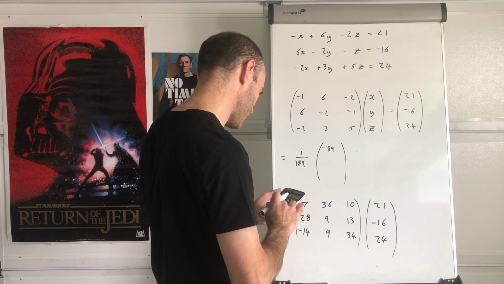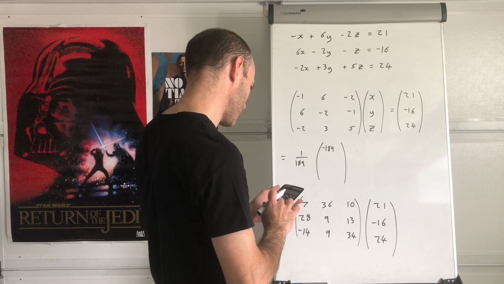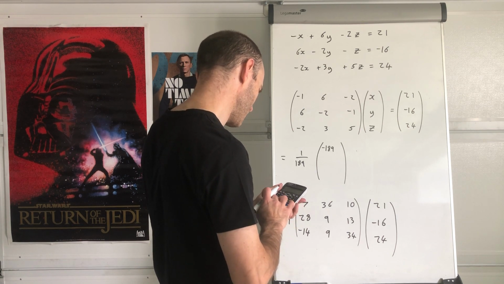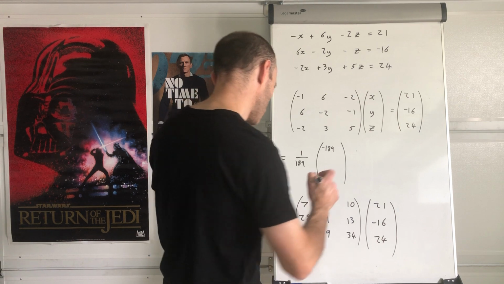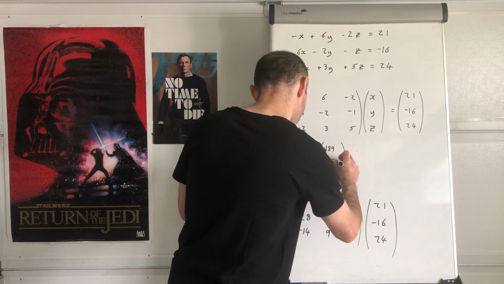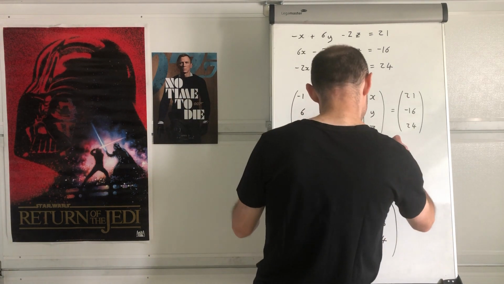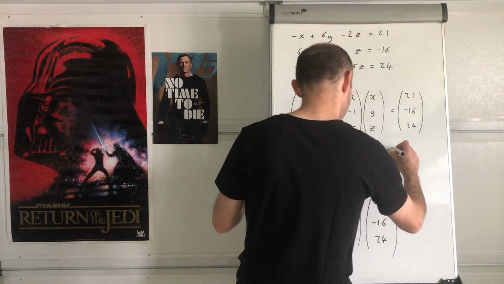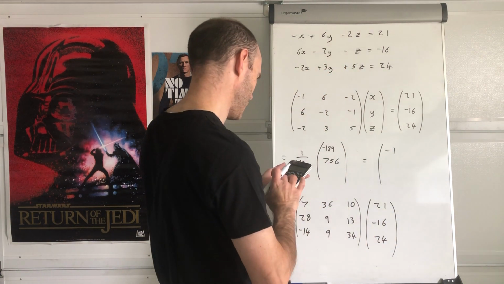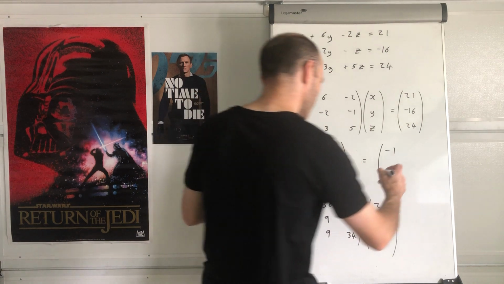28 times 21, subtract 9 times 16, plus 13 times 24, 756. So that should be negative 1 when I divide it by 189, let's hope, 4, oh, lovely.